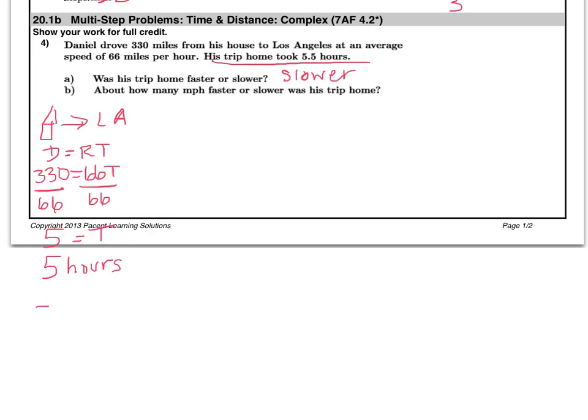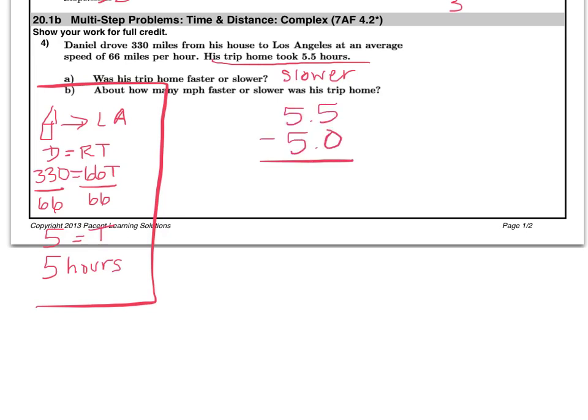Okay, but of course, this work has to be present in order for me to give you full credit for this problem. If you just write an answer, you're just guessing. I need to see the proof. Now it says about how many miles faster or slower was his trip home. So I'm going to take the trip home, which was 5.5 hours, and I'm going to subtract the 5 hours that it took to get there, and it's a difference of 0.5, which is basically 30 minutes, half of an hour.